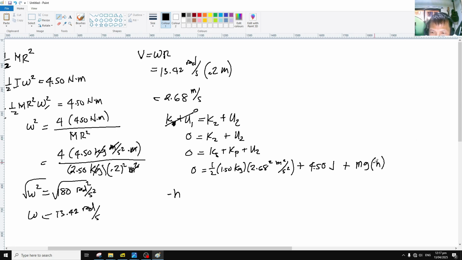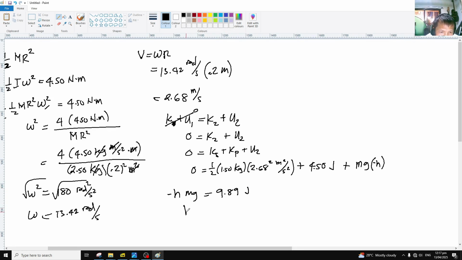So, mg times negative h is equal to 0.5 times 1.50 times 2.68 squared plus 4.50. Newton meter, joule din yan yung isa, di ba? And that will give you 9.886, 9.89 joule.